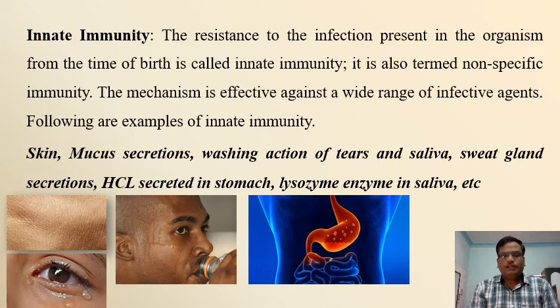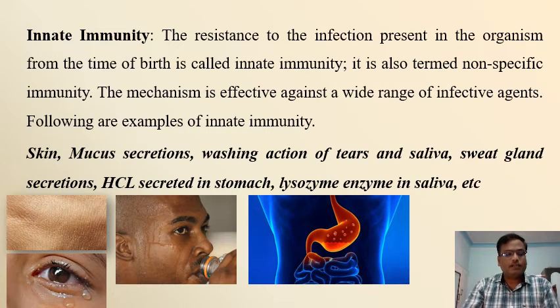Innate immunity is the one which comes by birth and it is non-specific. Here we are going to study some examples: what are the mechanisms which protect us generally from infection?